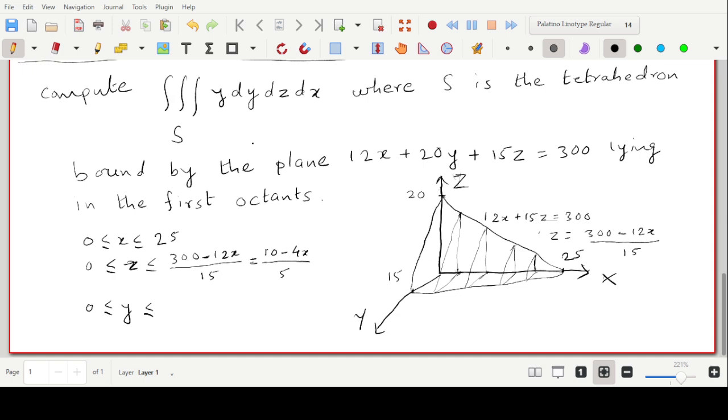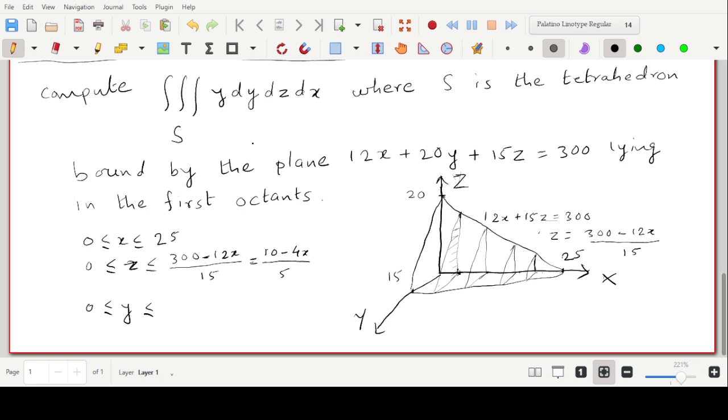Now we have seen that for every x over here, x moves from 0 to 25. For every x in this fashion, z moves from 0 to this quantity. And what is the y? Now y is varying in this direction. How is y varying?